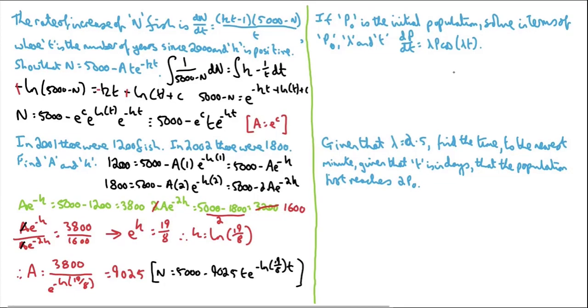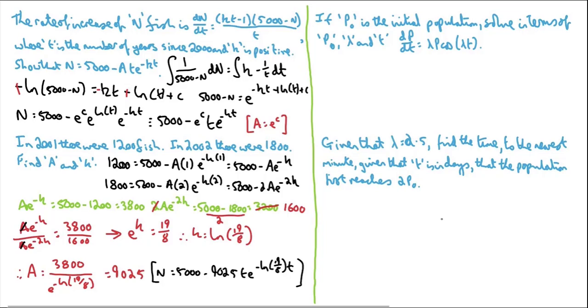And then once you've done this, given that lambda equals 2.5, find the time to the nearest minute, given that t is otherwise in days, that the population reaches 2 lots of P0. So again, there's no need to worry about lambda being 2.5 until the second half of the question, nor about what unit of time t is in.